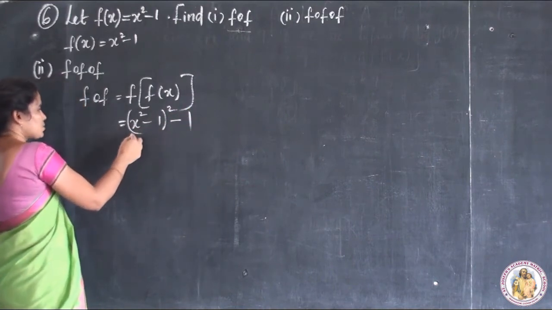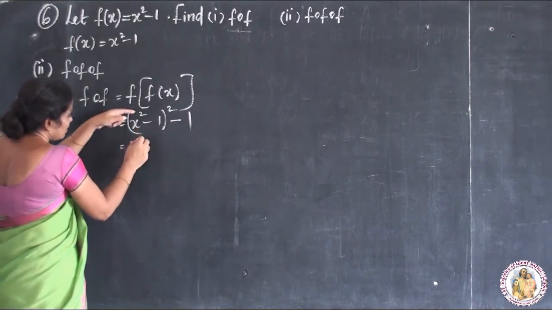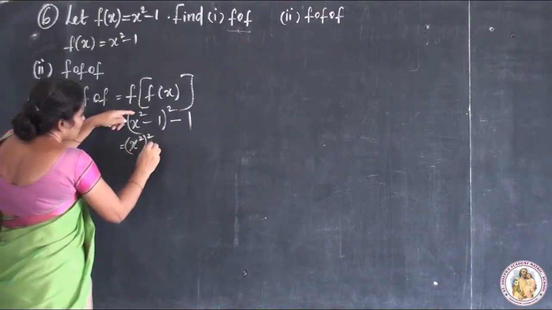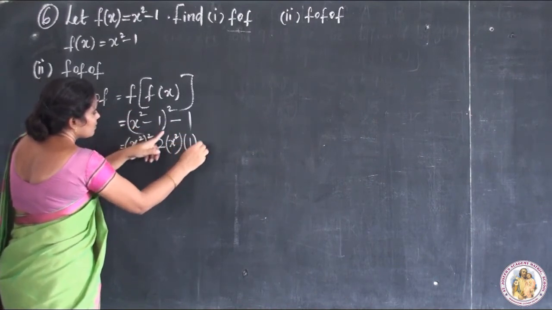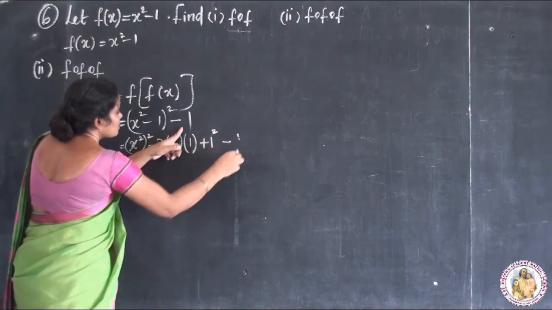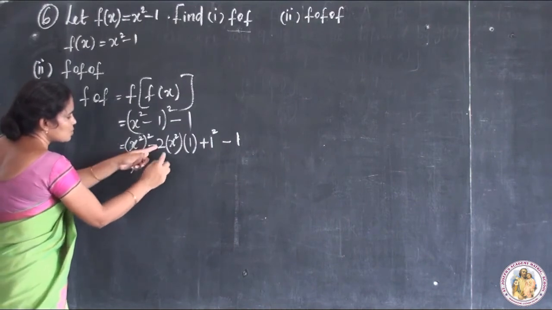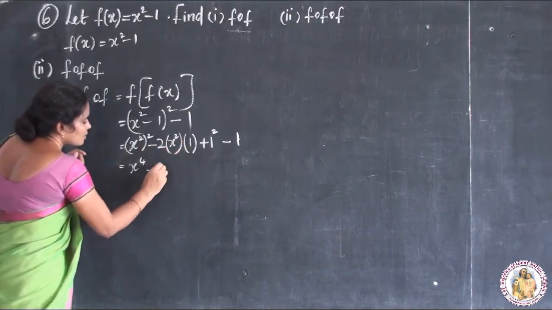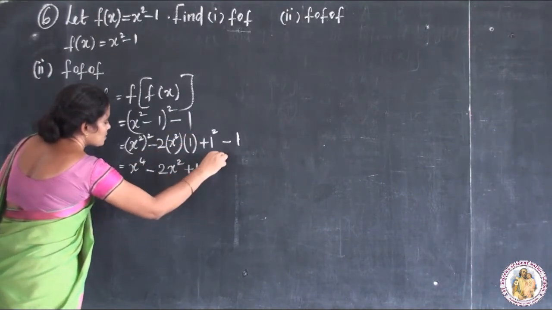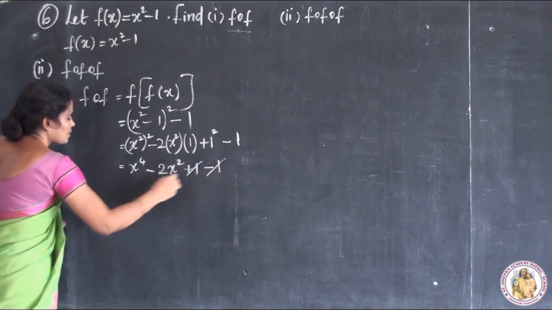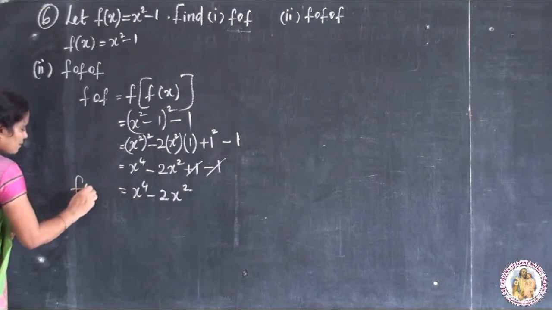A square minus 2ab plus b square, that is x to the power of 4 minus 2x square, plus 1 into 1, minus 1. So x to the power of 4 minus 2x square is f of f.